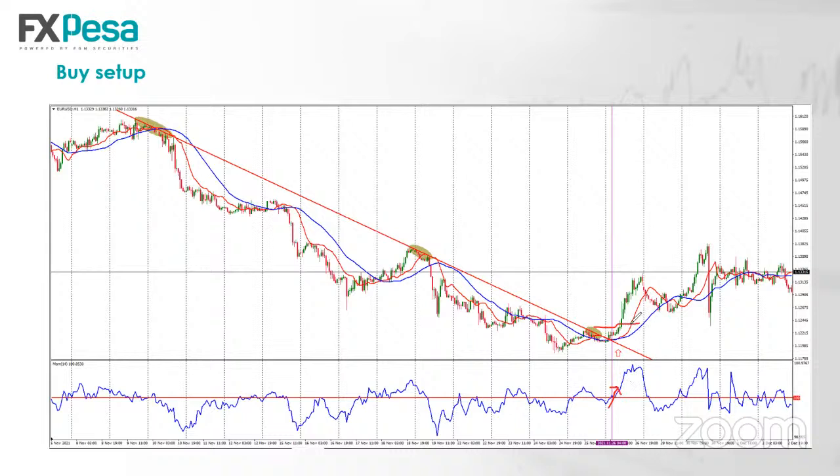And this is what signaled the start of this upward trend. So the advantage of this strategy is you can use it to ride the trend or wait for the break of a trend. If the break of a trend is not confirmed, then ride the trend.